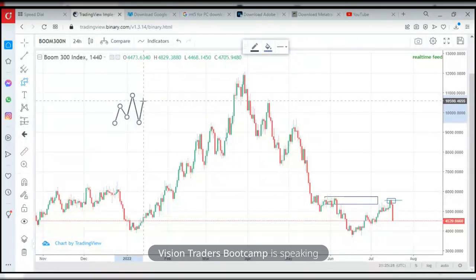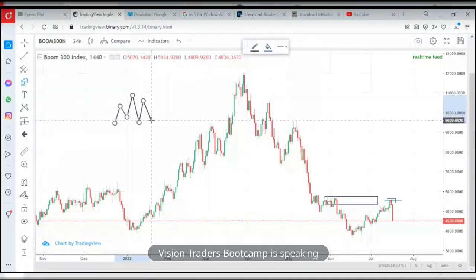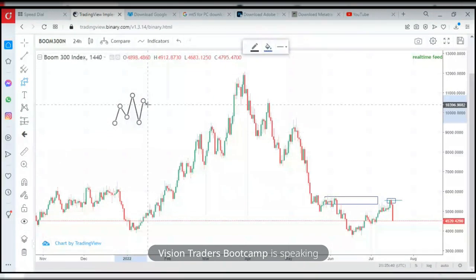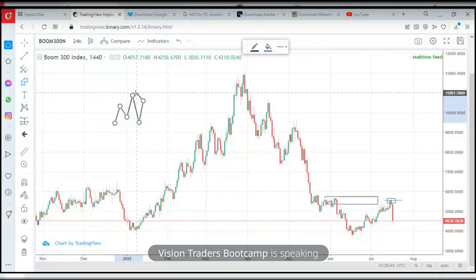Now, if you are taking a sell from here, where is your next TP? Most of you, instead of taking your TP at this range here, will be waiting for price to create a lower low for you. Whereas the range is from this region to this region. This is the up range, this is the down range.